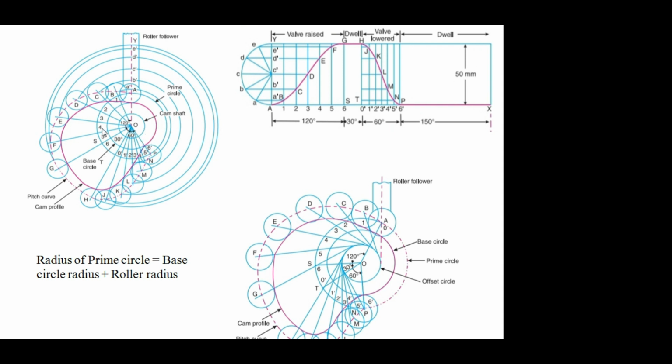So this is the cam profile when the axis of the follower is in line with the axis of cam. Now for the second condition, that is the axis of follower is offset to the axis of cam by some distance, to understand how to draw the cam profile for such conditions, we will go for the next numerical.